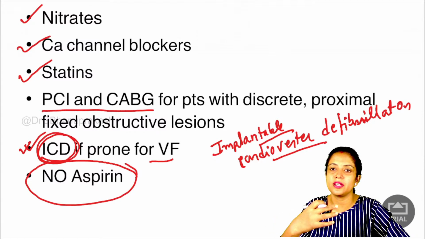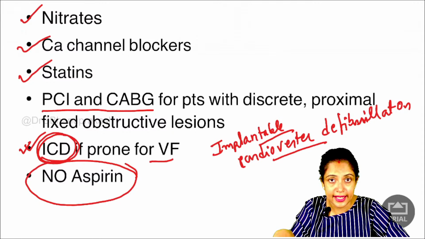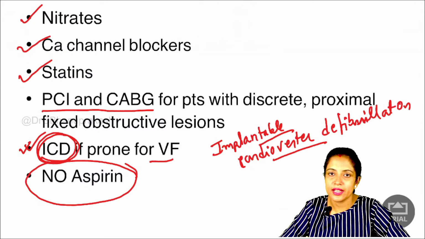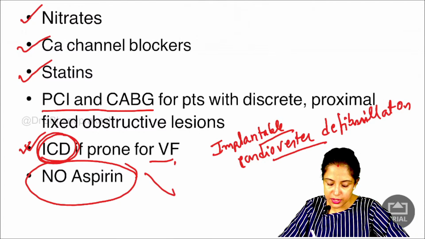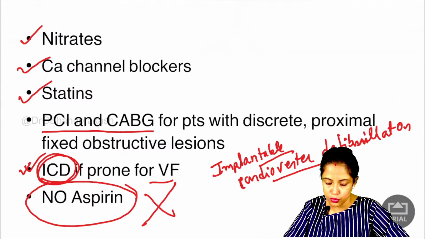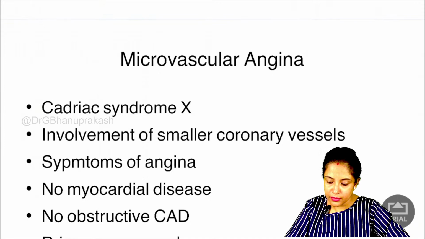When you give aspirin, there are changes in the synthesis of prostacyclin, and even a little change in prostacyclin synthesis will result in increased coronary spasm. So aspirin will increase the coronary spasm, resulting in these symptoms. So no aspirin. So this is about Prinzmetal angina.